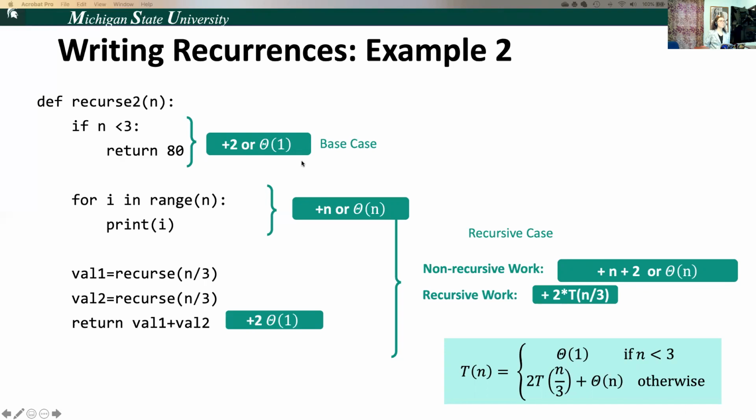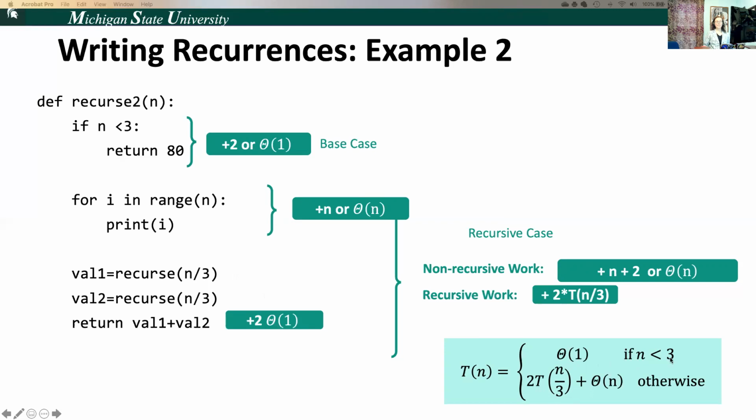So you're going to say, oh, base case, constant, theta of 1. You've got a loop, theta of n. The return with a plus operation is theta of 1. And you know your recursion, 2 recursive calls back to back, 2T(n over 3). Let me put my recurrence.